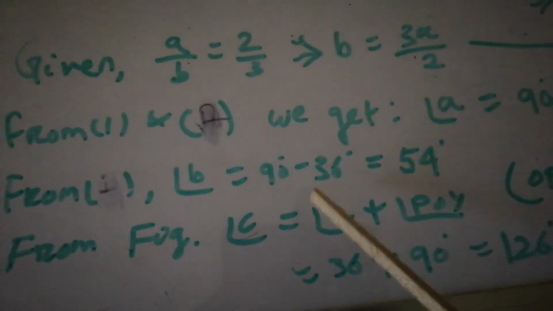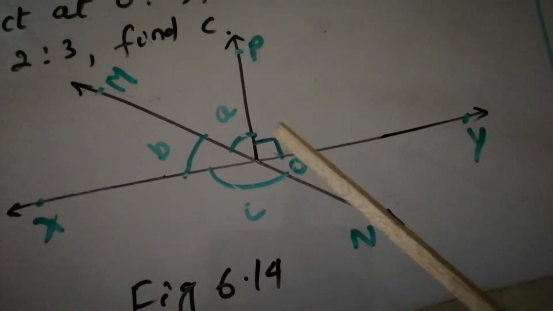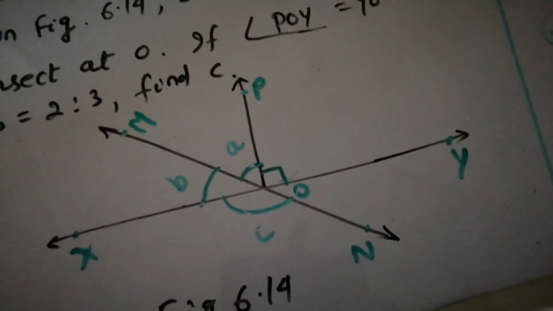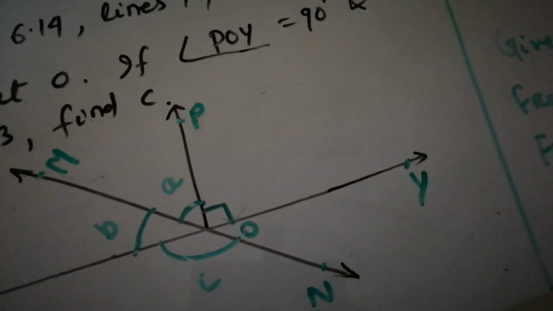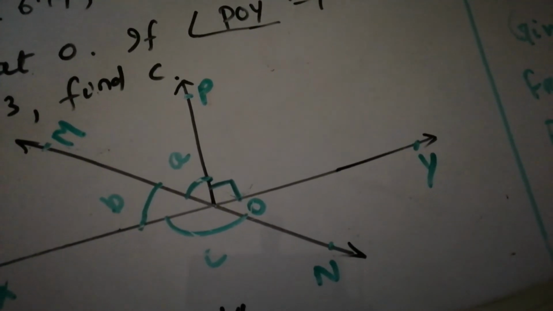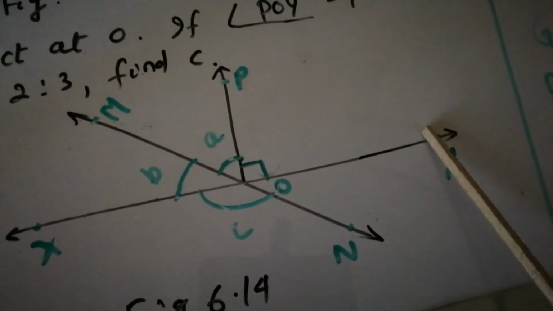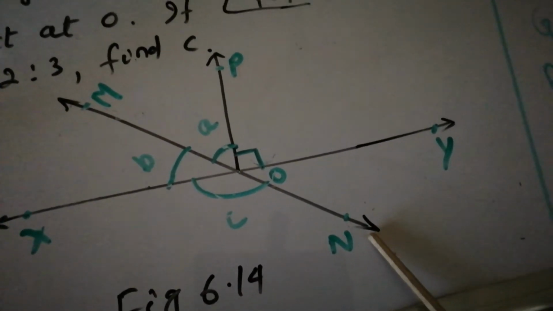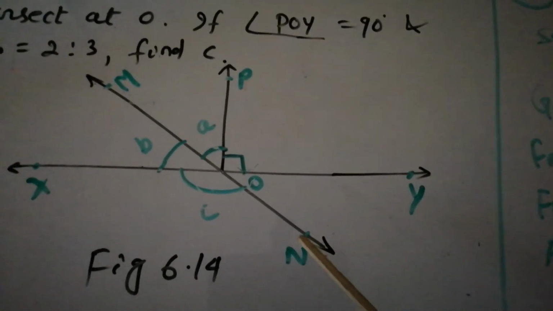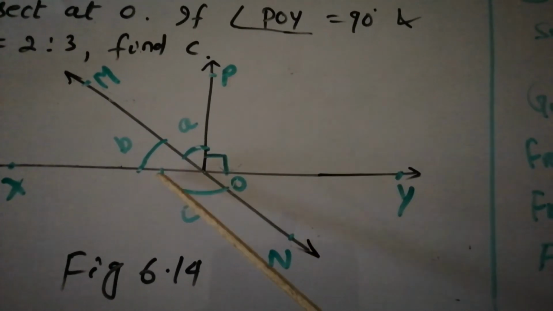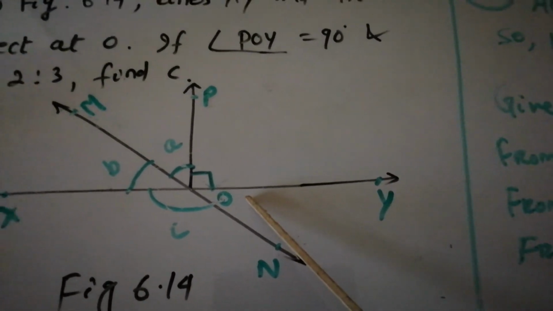From the figure we know that angle C and angle A plus angle POY are the same, because straight lines XY and MN are intersecting each other, and these two are opposite angles.